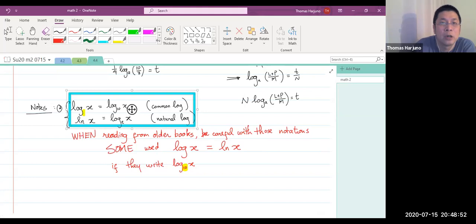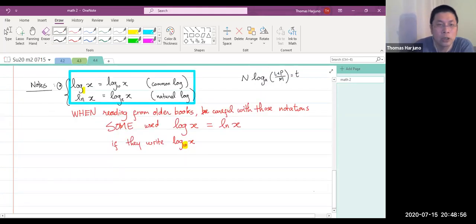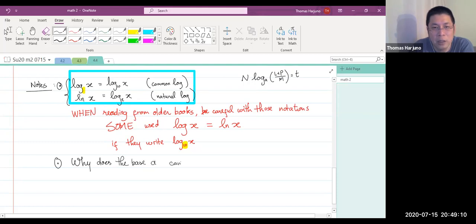Okay, that's one. Actually, there's another thing that I forgot to mention earlier. Why can't the base be 1, can't be 0, can't be negative?